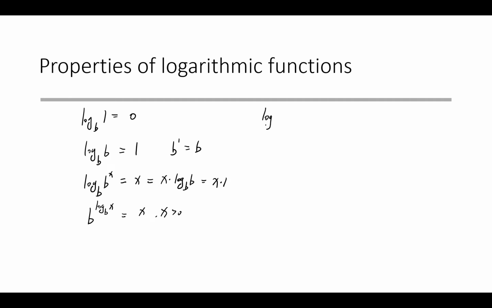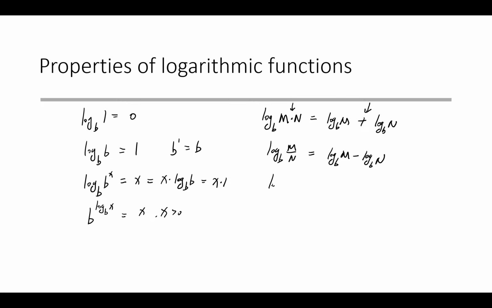Some more. So we have log base b of m times n. We can decompose this into log base b of m plus log base b of n. Right. So this is converting the multiplication to a summation operation, which is very useful. And similarly, we have the division converted to a subtraction, minus log of n in this case.